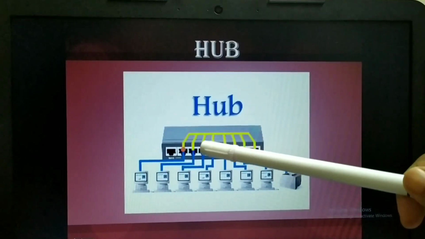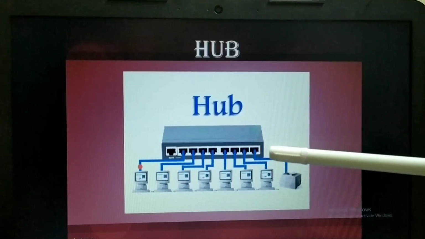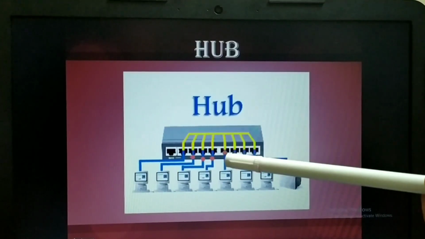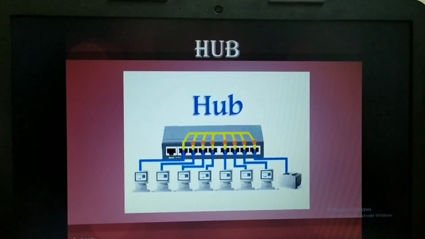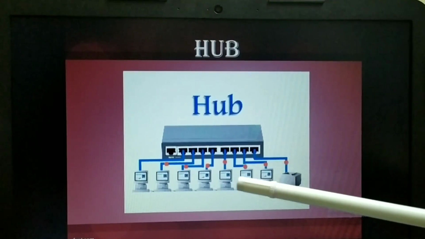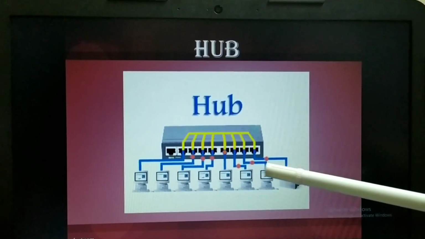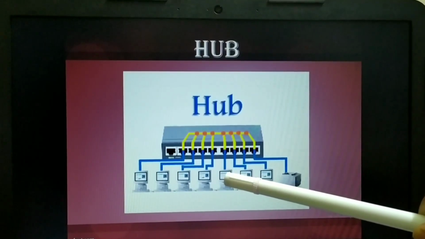So when hub is passing any data, suppose this is the server computer, or any computer is giving data, that time hub will send data to all the computers. It will not think to which computer you want to send. Suppose from this server computer you want to send data only to this computer, it is not possible by hub.